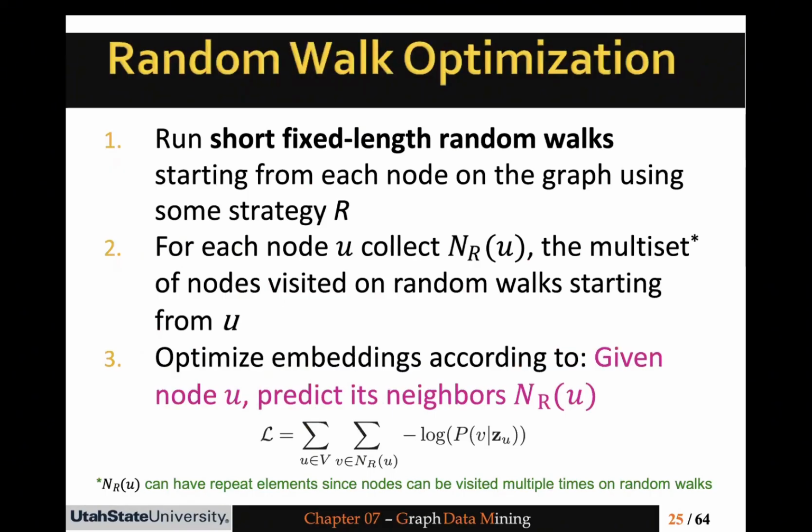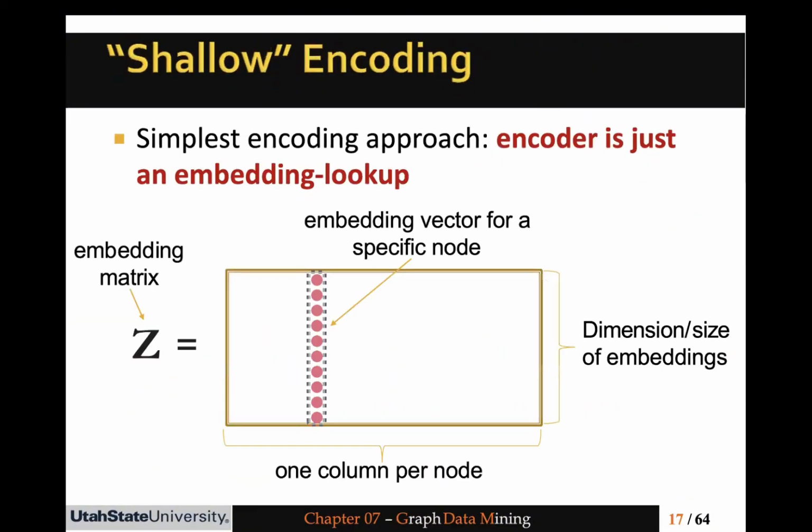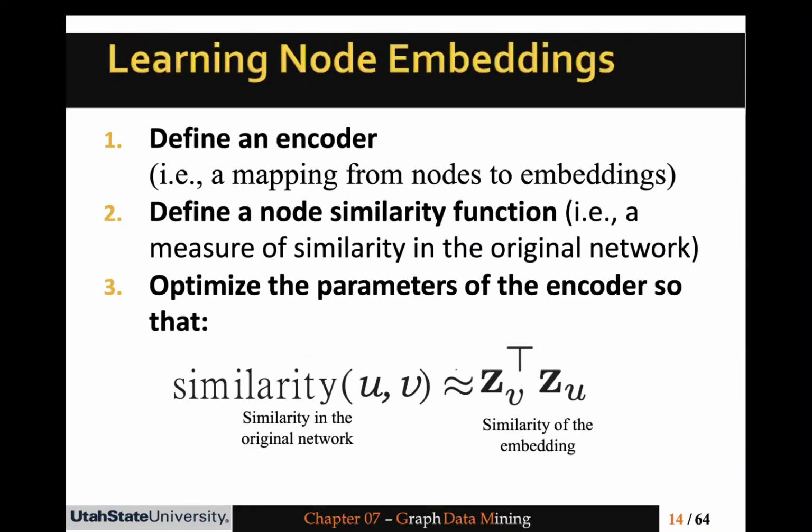Okay, so random walk optimization is the third thing that I need to learn. If I go back a few slides and refresh our memory of what we need: we need a function that encodes the U into a V. We need a node similarity function, which we already defined so far. The similarity of U and V is nothing but the random walks, and the posterior probabilities are giving us the similarities between U and V here.